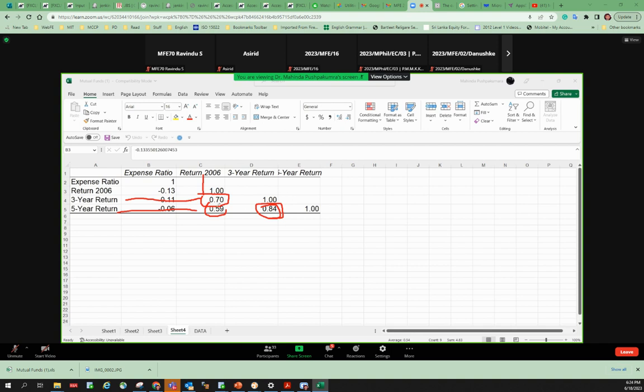Then 0.59, you can say strong, but not very strong, since it is greater than 0.5. Then 0.7 also you can say strong relationship.